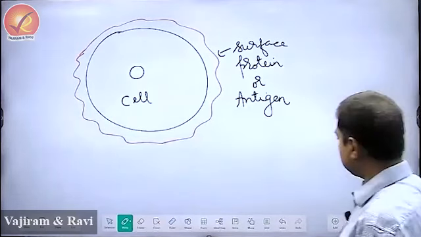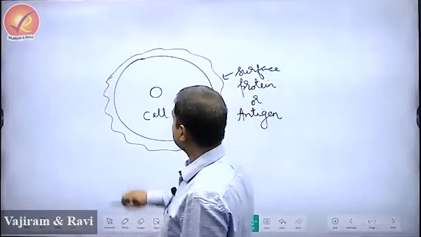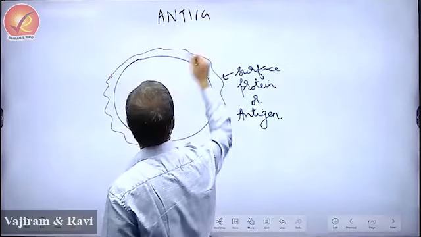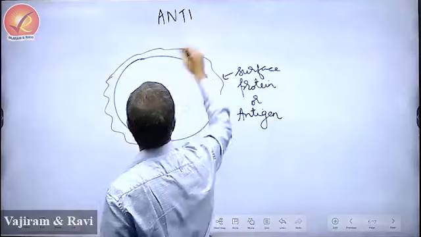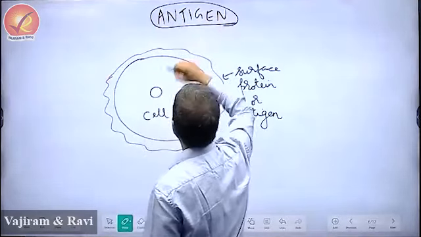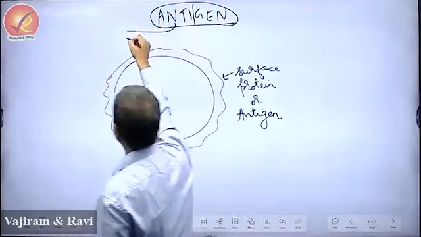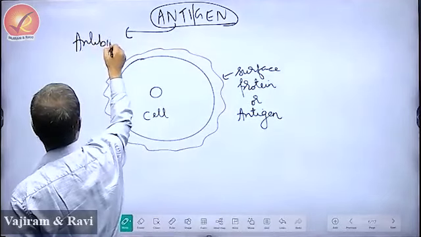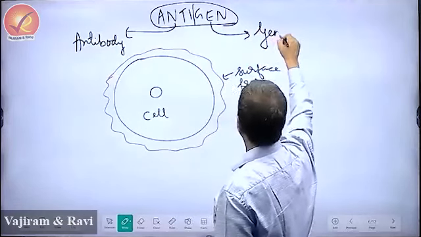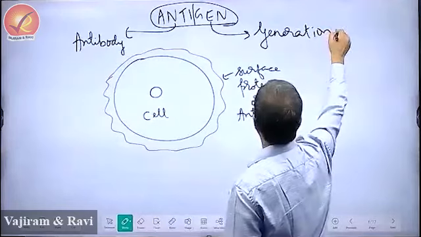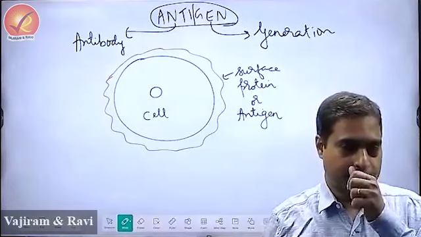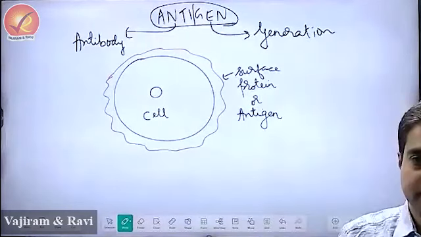In the term antigen, anti stands for antibody and gen stands for generation. Antibody we have discussed, and now you can see the relationship with the antigen.